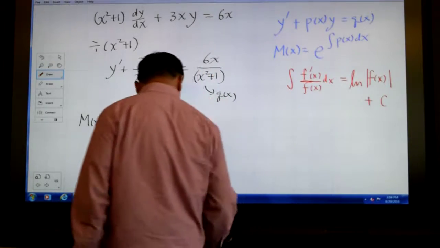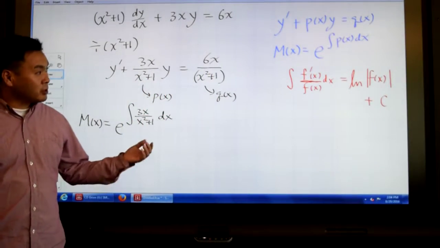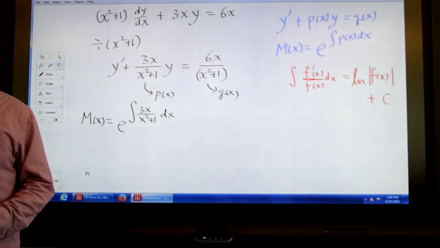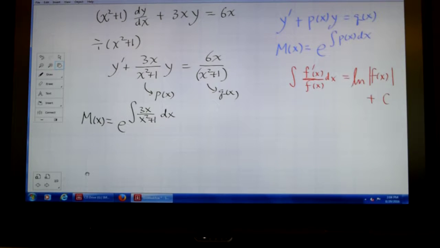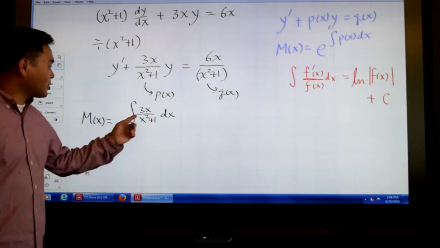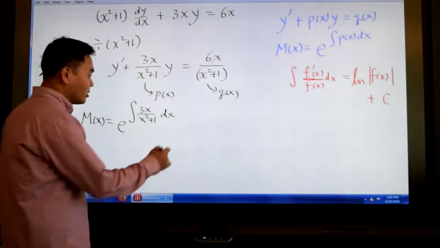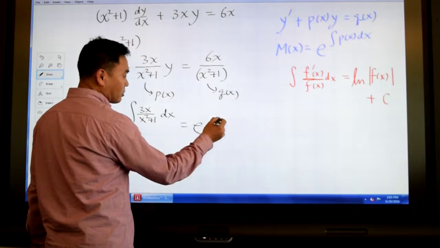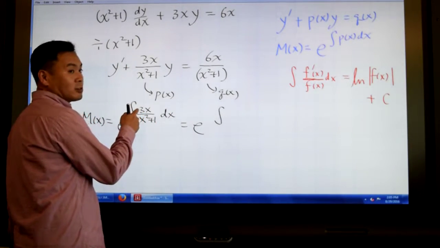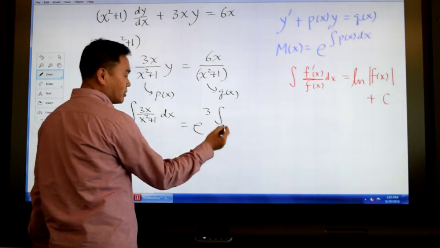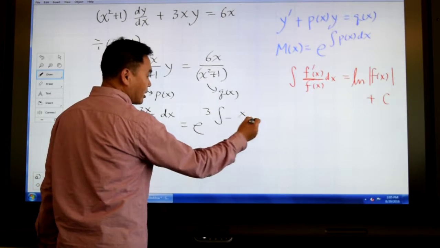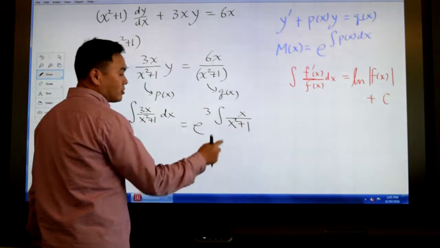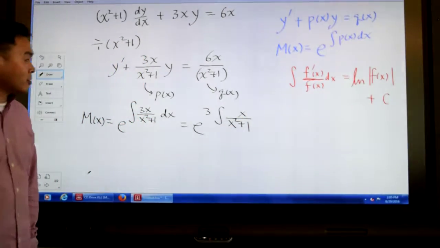So using that, let's see if we can make use of that. If you differentiate x squared plus 1, what do you get? You get 2x, not 3x. Well, but that's just a constant multiple. We can always try to pull the constant out. So let's try to do this. 3 is a constant multiple, so I can pull it out. And if I do that, I'm just left with x over x squared plus 1. But since derivative of x squared plus 1 is 2x, I really want a 2 here.